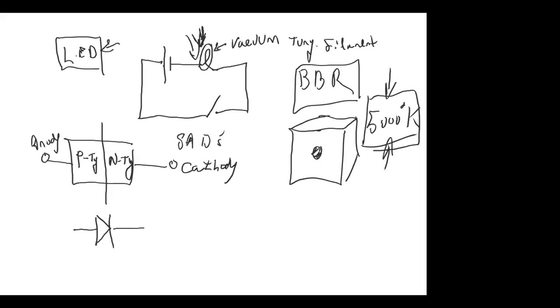Some energy can go in the other direction, and it looks like a valve. And so this is the anode, and this is the cathode. And so what we have here is a schematic depiction of the physical semiconductor. And as energy is passed through the diode, we get light from the diode.